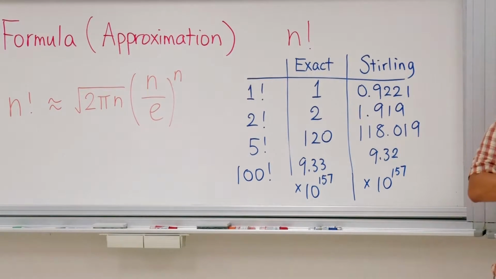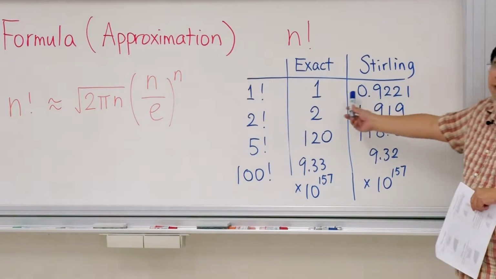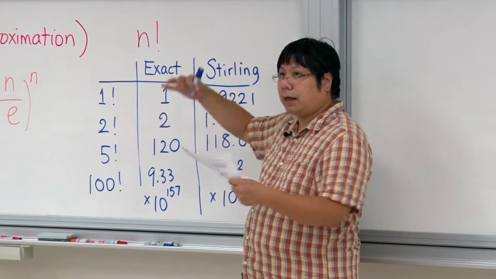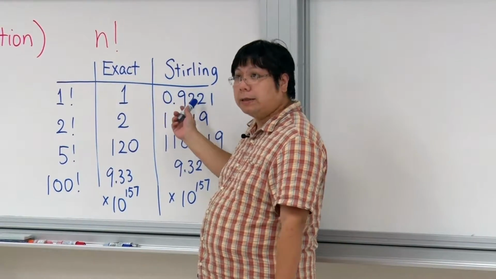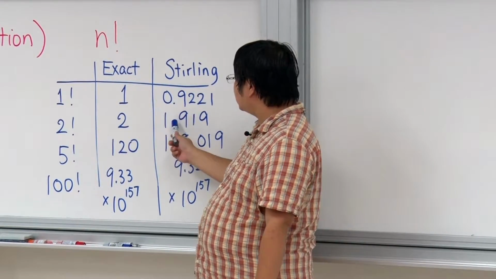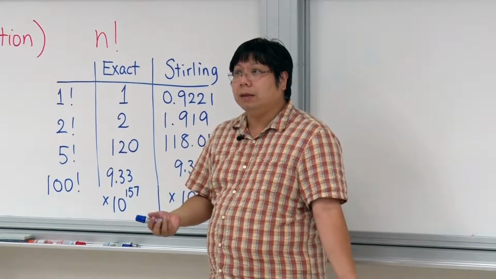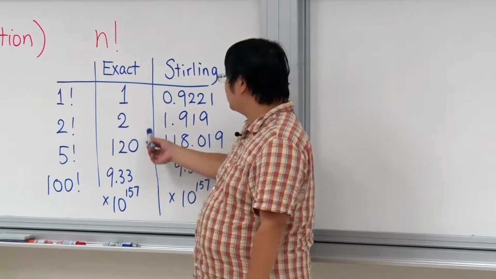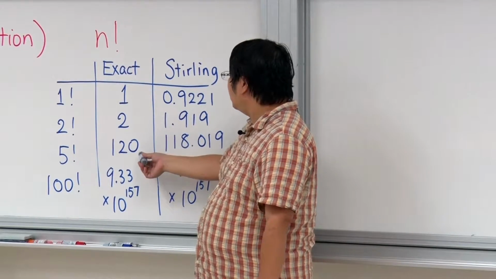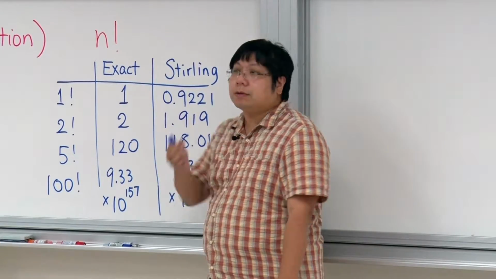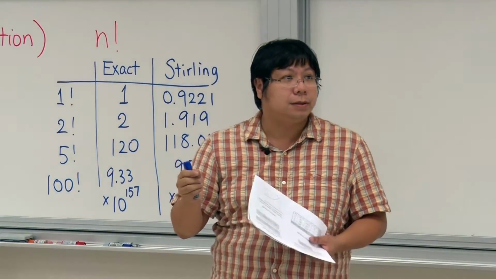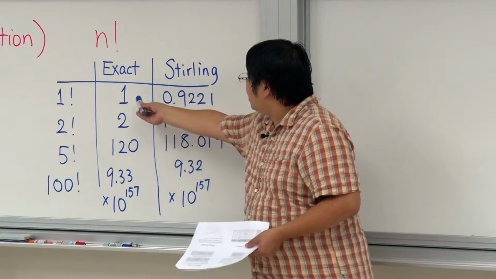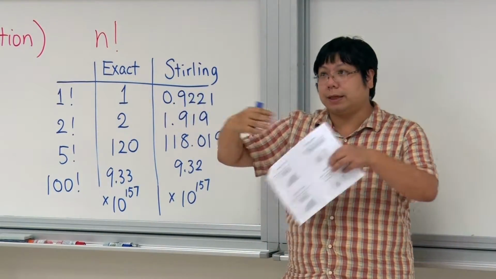Is that okay? If you look at this, the difference between them is actually getting larger and larger. The difference here is like 0.08, here it is already 0.1, then 0.08 again, but the difference from this one to this one is close to 2. So the absolute difference between the exact value and the Stirling value is getting larger and larger.